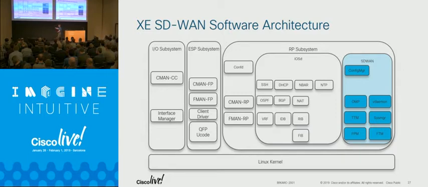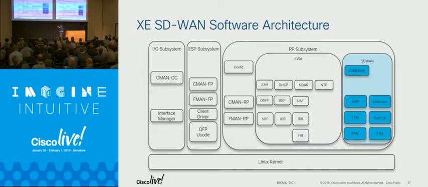For example, when the system comes up, the Linux kernel comes up, it will initialize the IOS process as well as the system manager process. The system manager process in the Viptela software stack is the process responsible for spawning every other process and monitoring those processes.